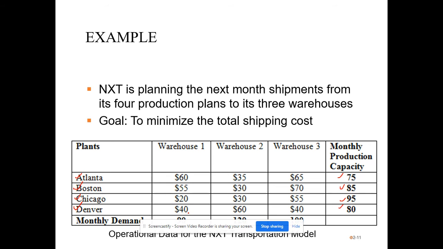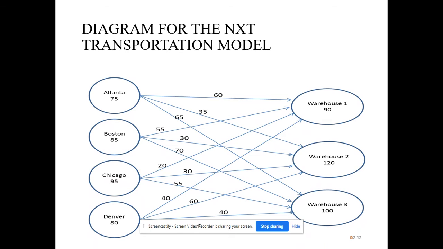So the constraint is the total demand: whatever you ship has to be more than this demand, and whatever you ship has to be less than or equal to the production capacity of each plant, and similarly it has to be more than or equal to the demand. So this is the network model. It gives you the different shipment costs from the four factories or production plants to the different warehouses.